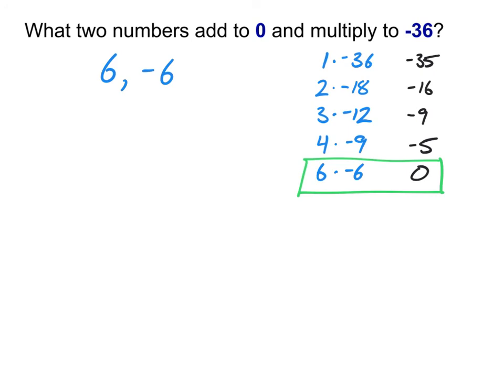So for instance, in this case, it was 6 and -6, but in another problem, in order to add to 0, you might do 7 and -7. Or you might do 9 and -9, or any number and its opposite will always add to 0. So anytime that you see that you need to add something to 0, know that you're going to be having opposites. That is the same number, except one is positive and one is negative.